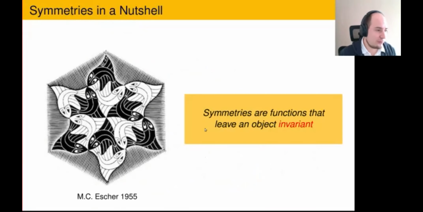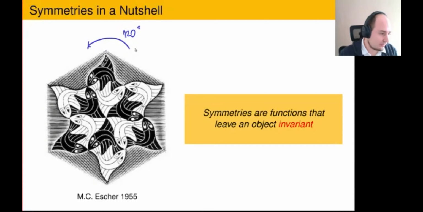So let's try to formalize this a little bit better. What are symmetries in a nutshell? In a nutshell, symmetries are functions that leave an object invariant. For example, you have this nice picture by Escher. If you take it and you rotate it by 120 degrees, you see that you obtain the same picture once again.